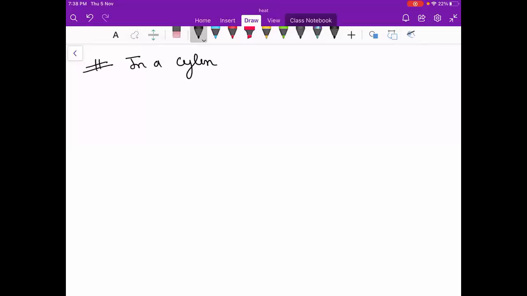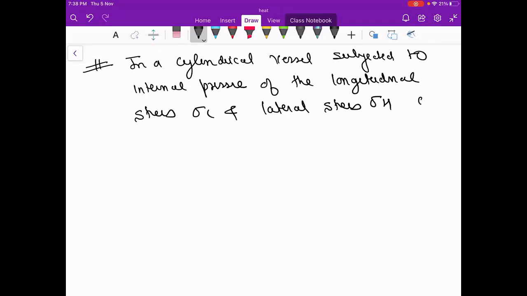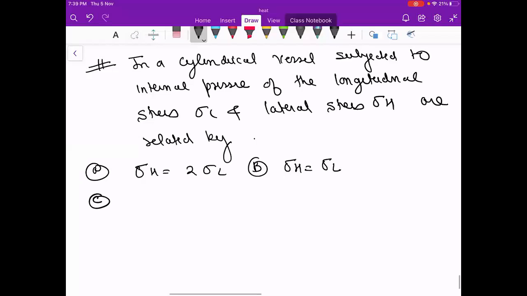In a cylindrical vessel subjected to internal pressure, the longitudinal stress and lateral stress are related by: A, sigma h equals 2 sigma L; B, sigma h equals sigma L; C, sigma h equals sigma L by 2; and D, none of these.